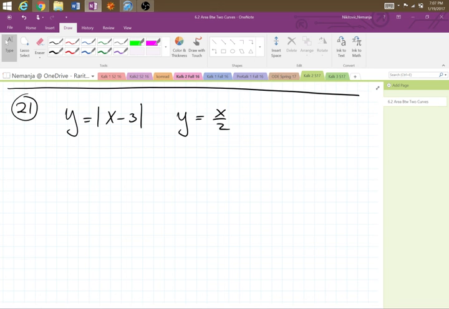Am I crazy for thinking that's what the graph looks like? Yeah, so it would be like here, and then here.